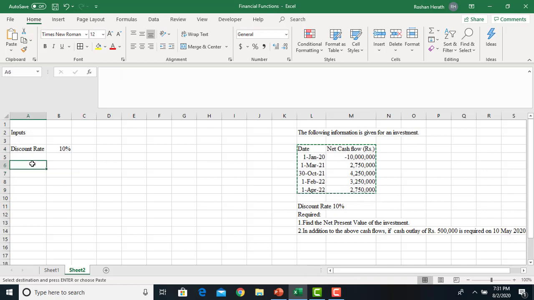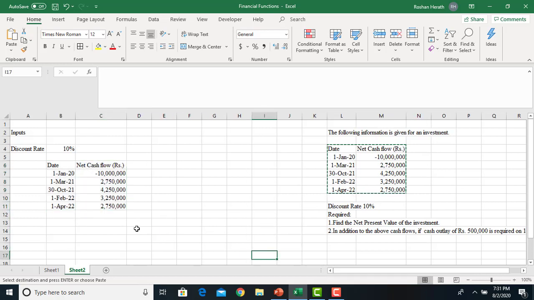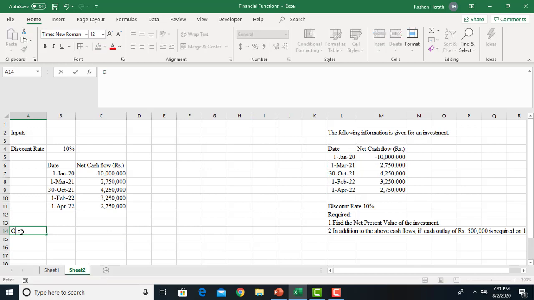So you may copy that. Now if you've been asked to compute, then you may need the output.